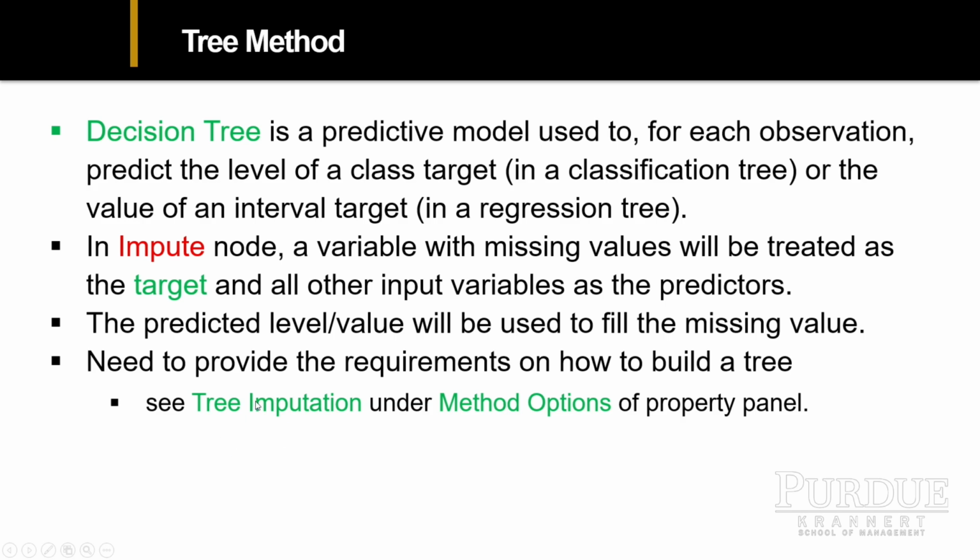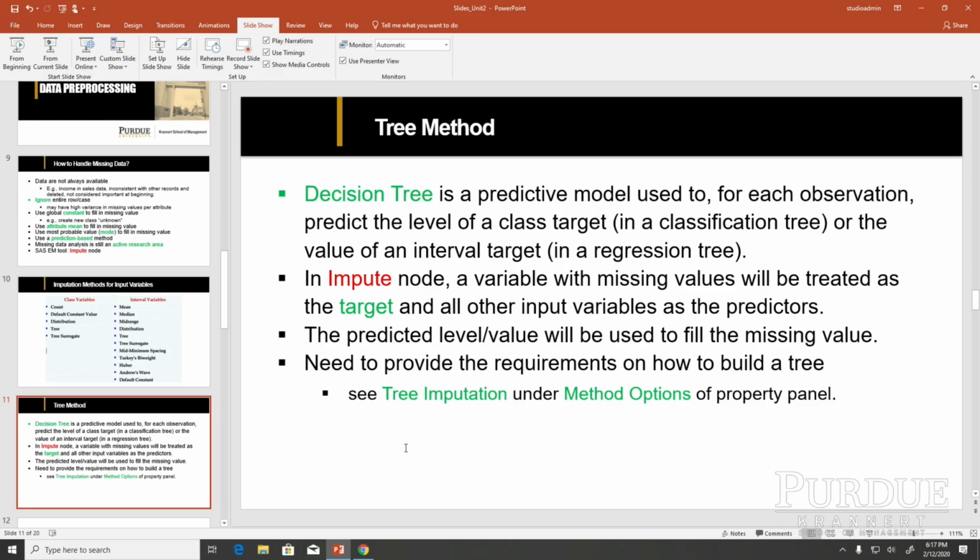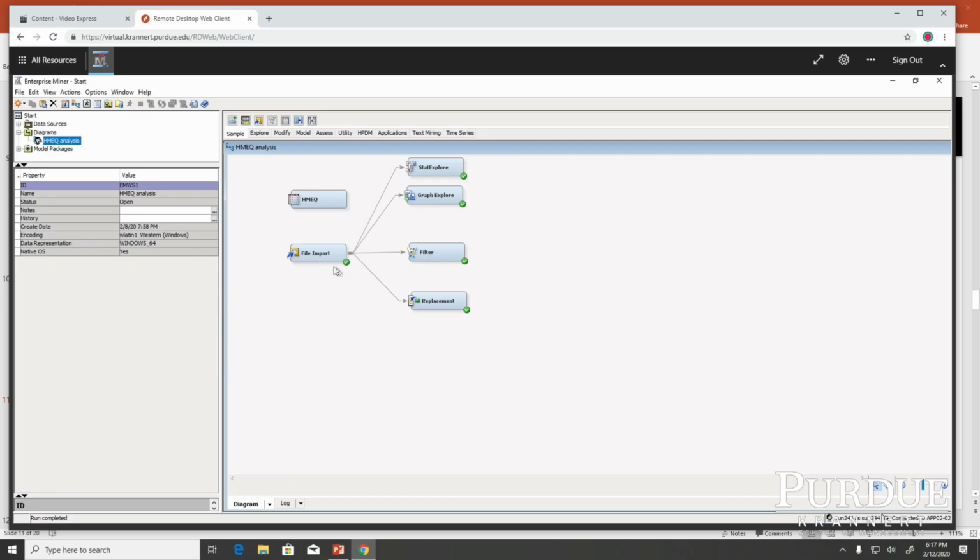We can specify different method options in the tree imputation. In the future, we'll discuss the details of the decision tree method, but now let's just simply use it. So again, we're going to go back to SAS Enterprise Miner and look at how to use the impute node in our analysis.